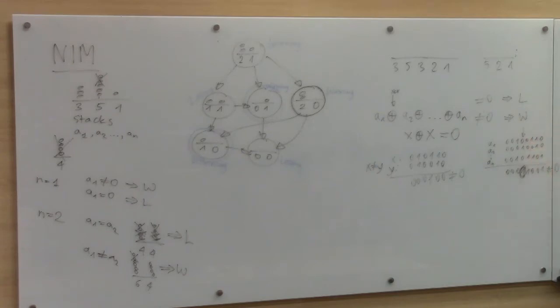So we have an odd number of 1s here, so we know that we have at least one 1. Here this is the only one.